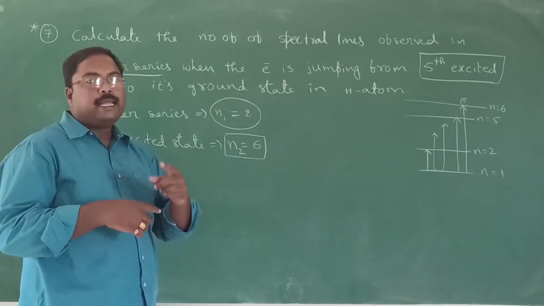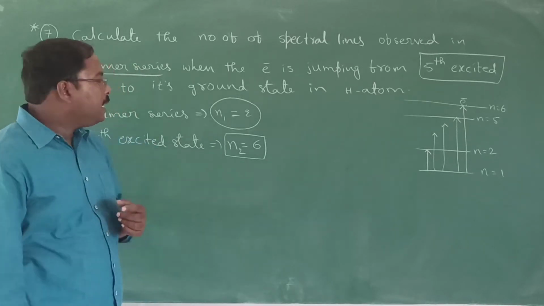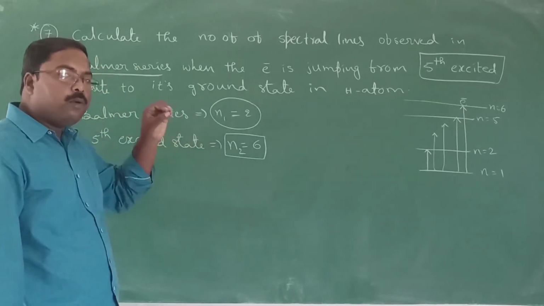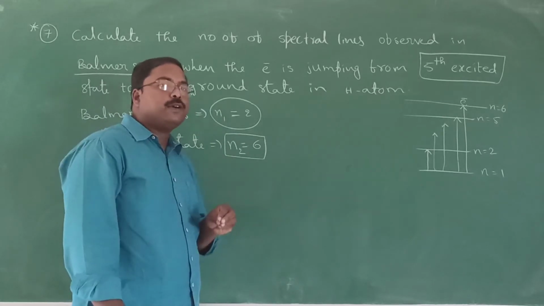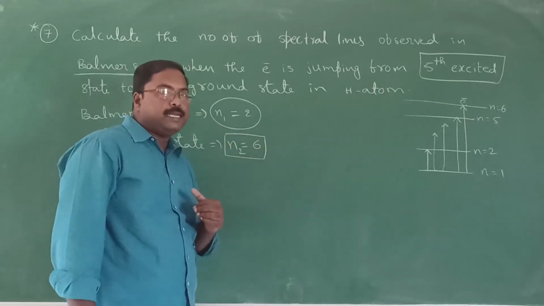We don't want to calculate the total number of spectral lines. We want to calculate only the number of spectral lines observed in Balmer series.